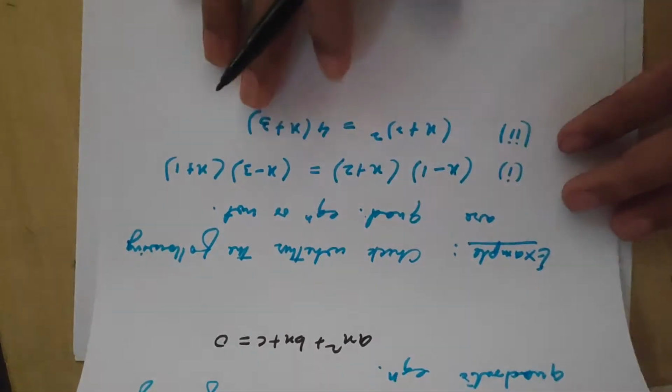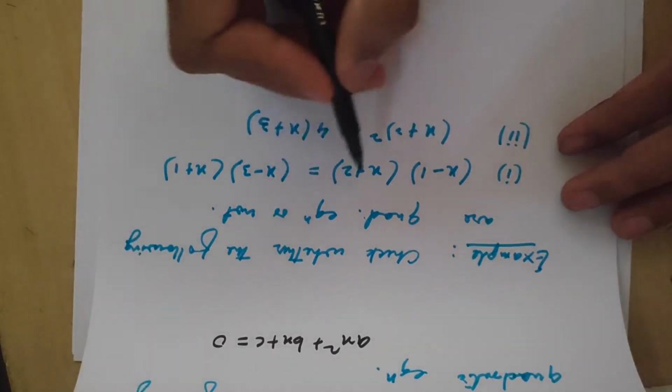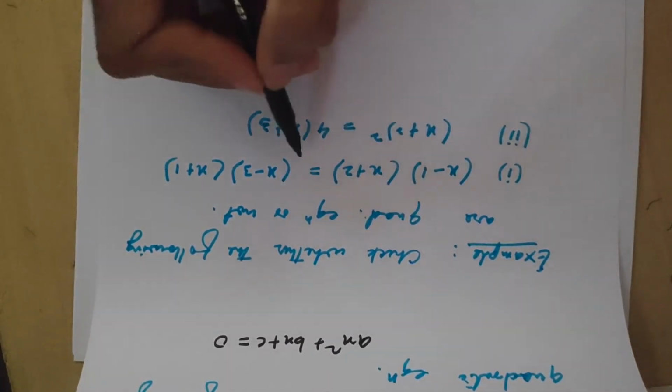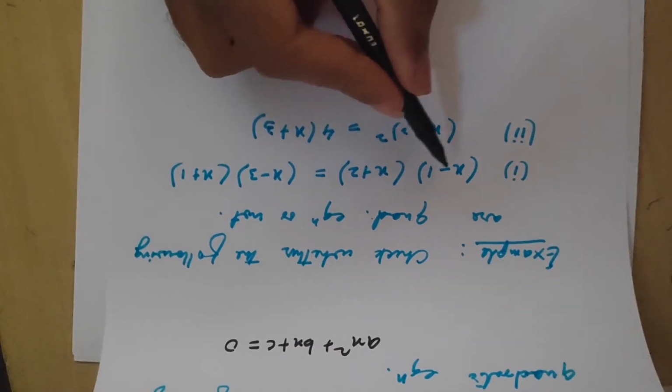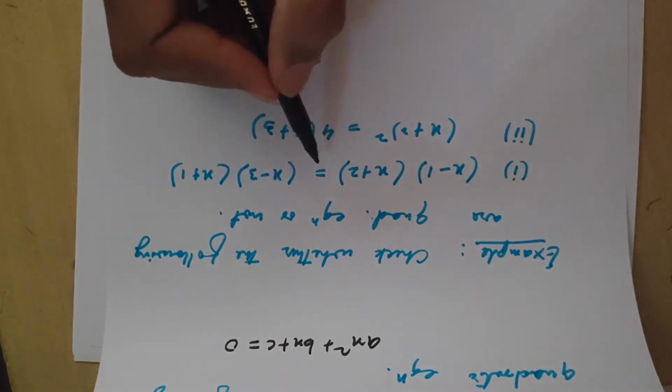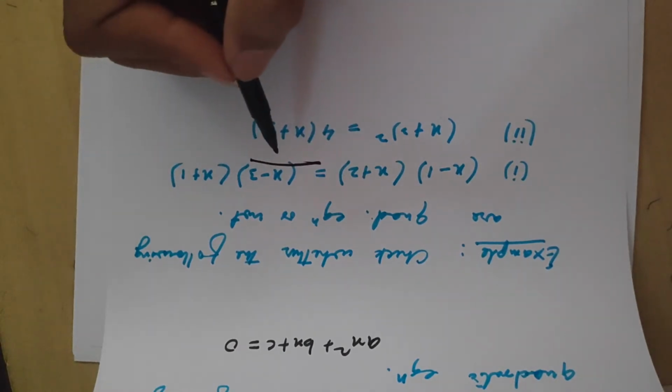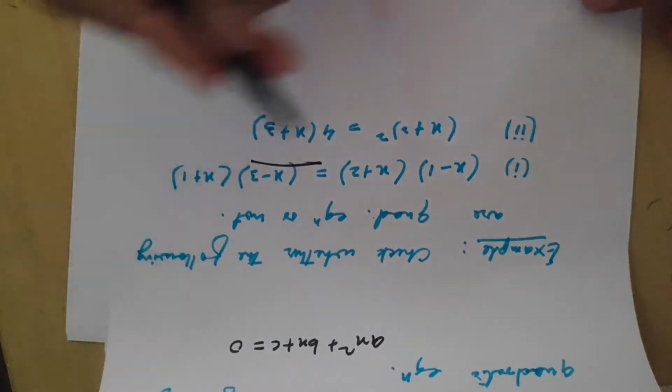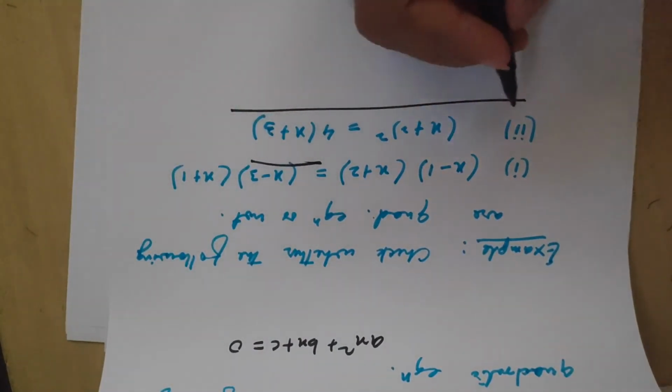So we'll be learning about this one: check whether the following are quadratic or not. I'm going to solve this right now, like x plus 1 and x plus 2, and all this. I was reading this x square. Okay, we're going to solve this question.